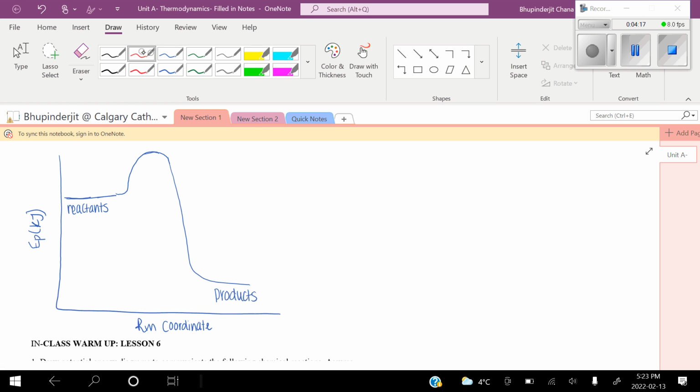All right, in different colors, I'm going to do some labels. From the reactants to the top of this little bump, this is going to be our activation energy.